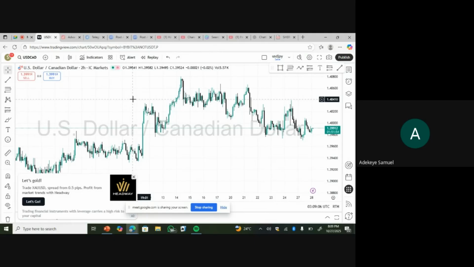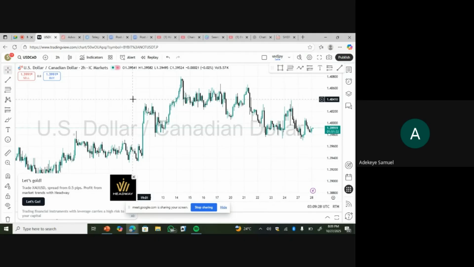It's an imbalance on our chart, or you can call it an inefficiency, where institutional traders come back to that particular area and fill it before the proper move. On this chart, we have some gaps, some areas.